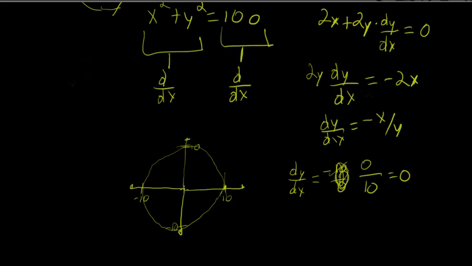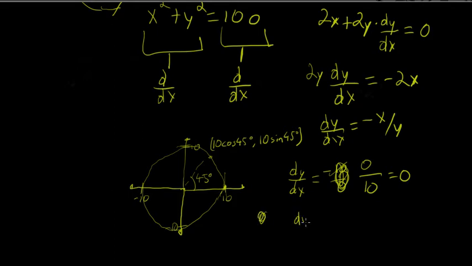Now what about here where theta is 45 degrees? This would be 10 times the cosine of 45 degrees, comma, 10 times the sine of 45 degrees. That would be the point we're looking at here. And remember, cosine of 45 and sine of 45 are both root 2 over 2, right?